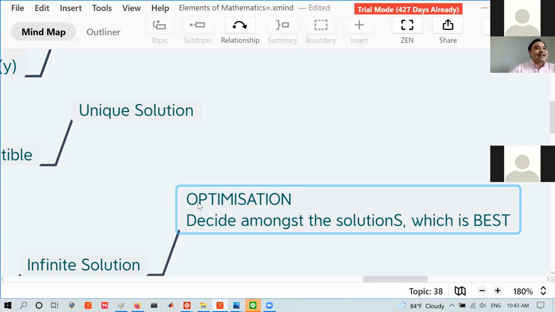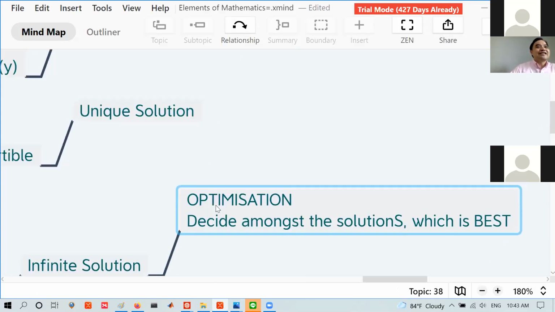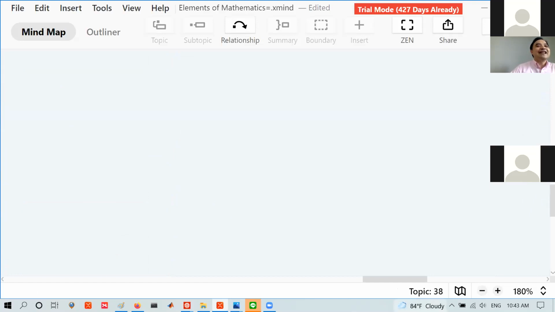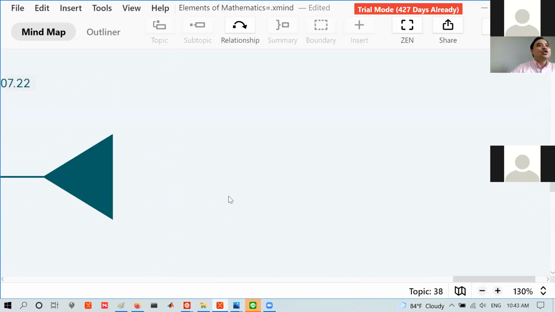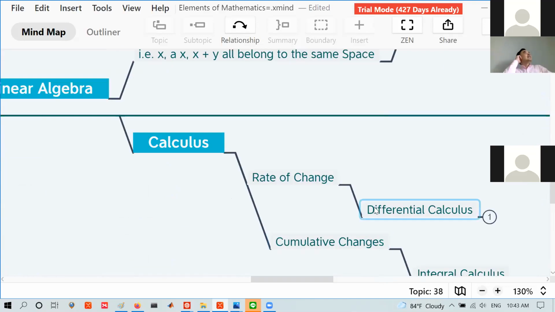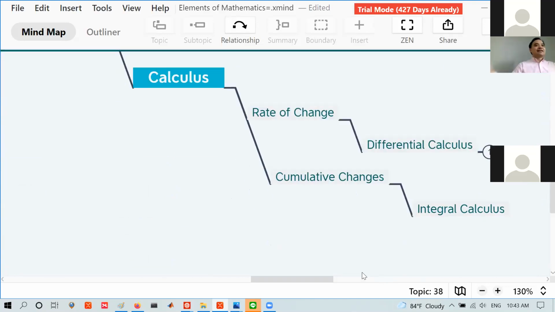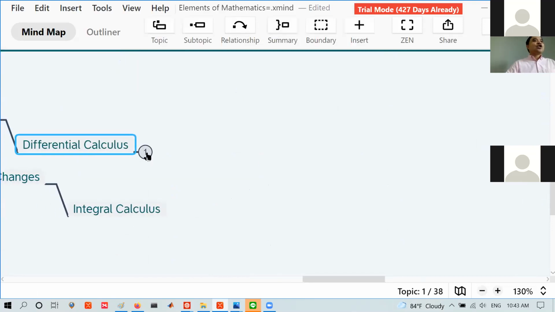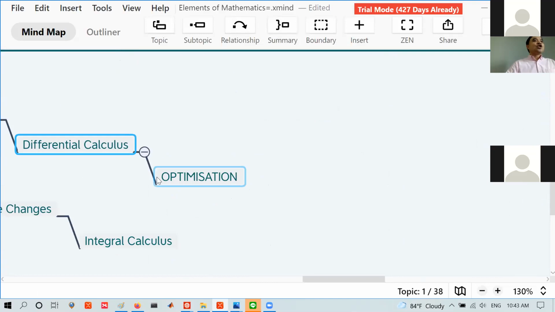Now, the nice thing, and I use this as a segue, is that optimization is done by choosing the best. So choosing the best, okay, has to do with differential calculus.